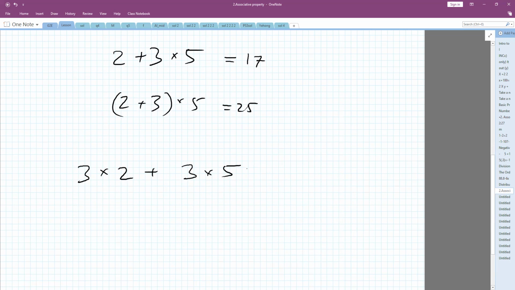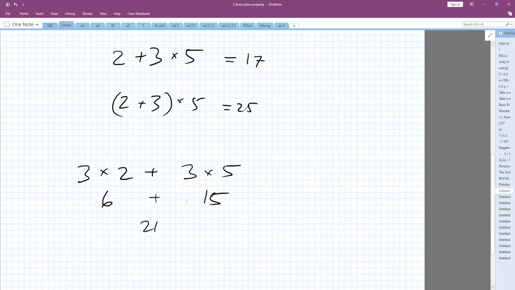How did you get the number? Since there's no bracket, for the addition we have to get these two first. So I just did 3 times 2, that makes 6. 3 times 5, that makes 15. And 6 plus 15 is 21.